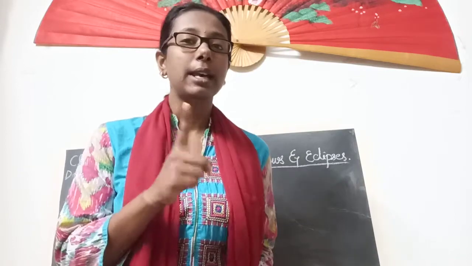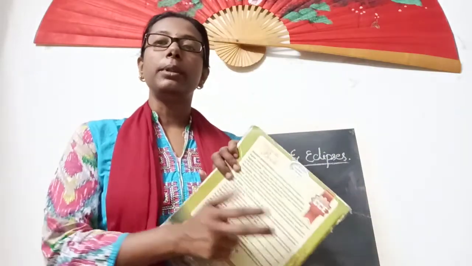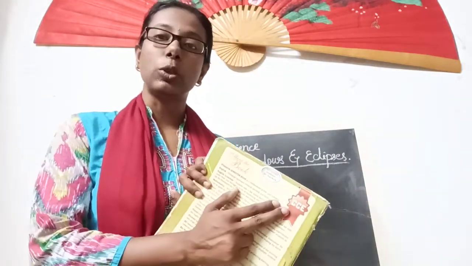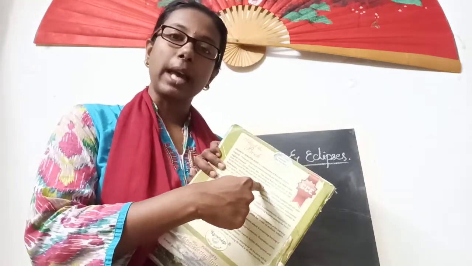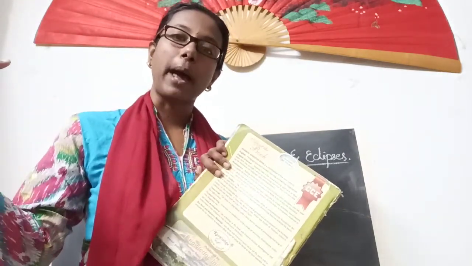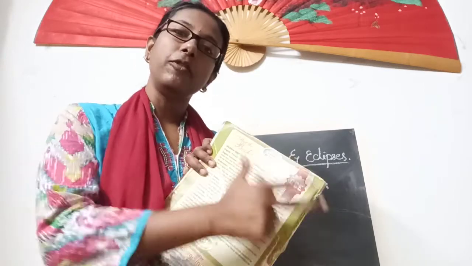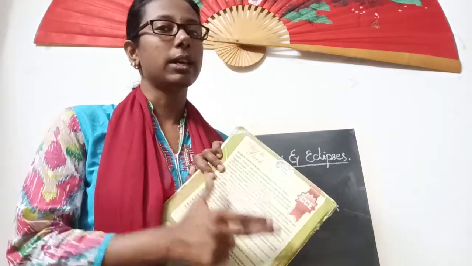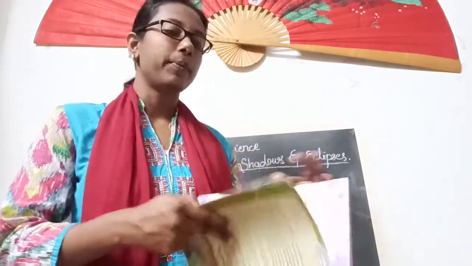And that bouncing of light is called reflection. Okay, so when light falls on, say for example this book, it strikes on this book and it bounces back, and that is the reason we are able to see this book clearly.